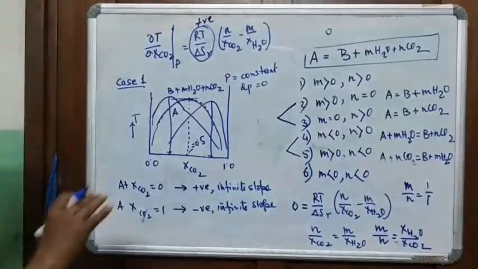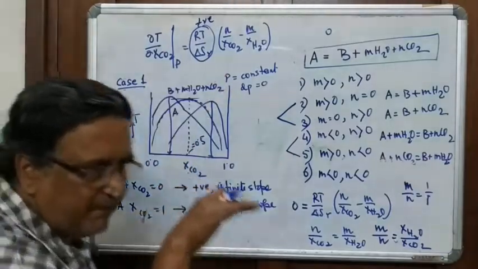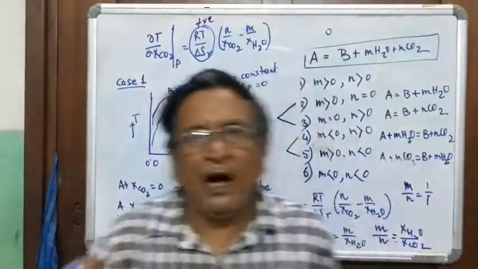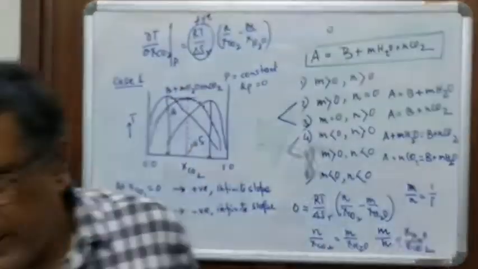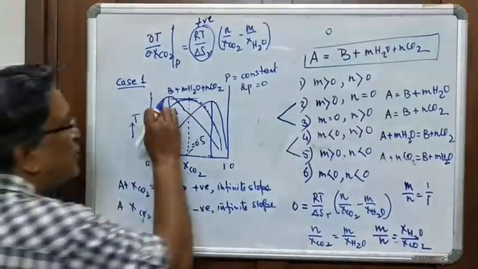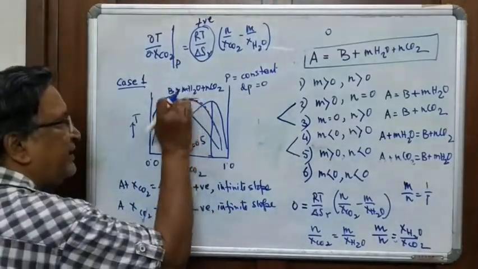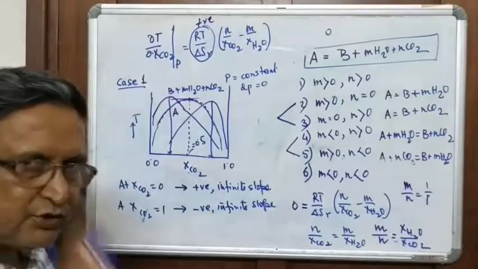Given the slope, this is important. You know, for a maxima or a minima, the first derivative should be equal to 0. So here it is a maxima, and del T by del XCO2 needs to be 0.